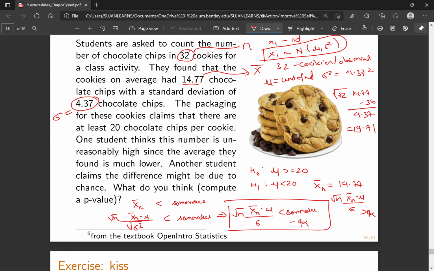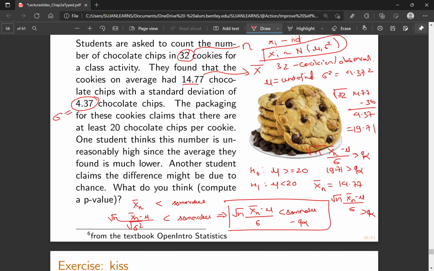What I'm saying is that it is greater than Q alpha.